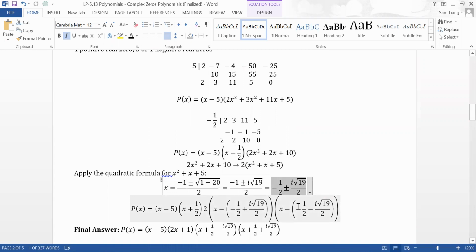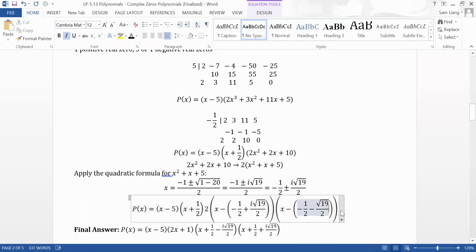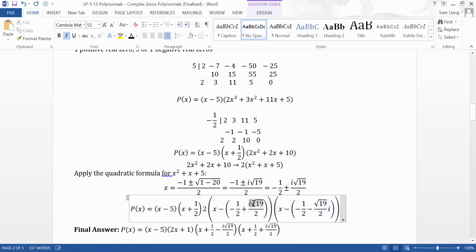And then the other zero is -1/2 minus i root 19 over 2. And I guess technically I should write this with the i there, in a plus bi form. Not a big deal though, mathematicians will know what you're talking about if you write it like that. Just to be consistent with the textbook.